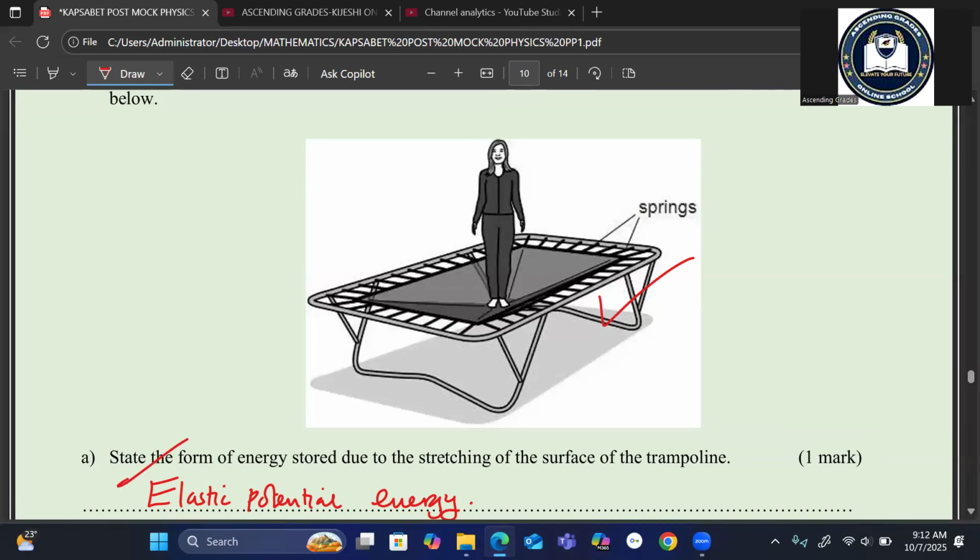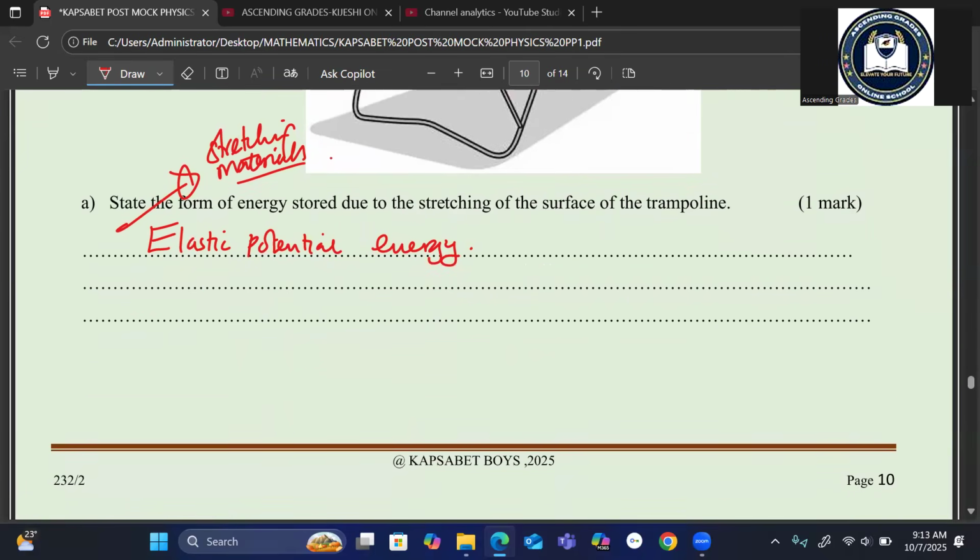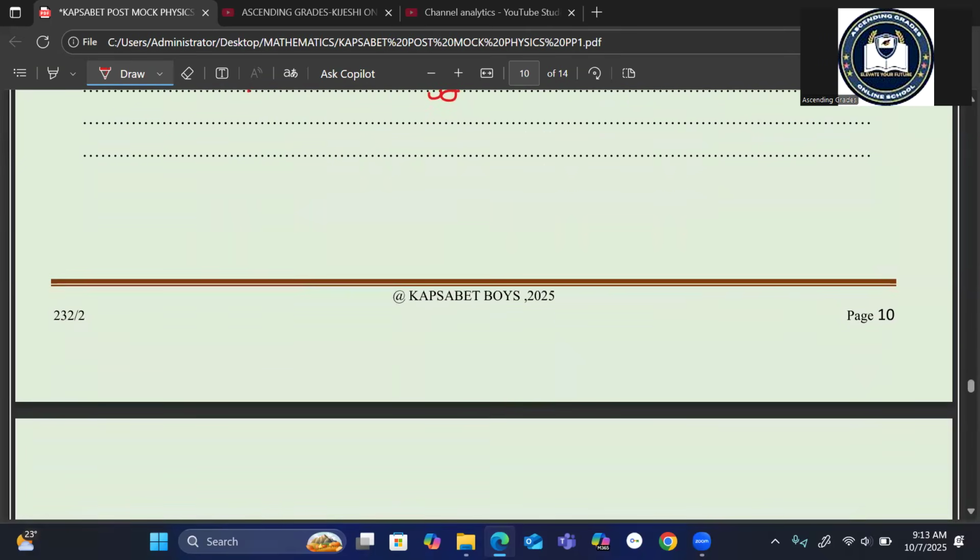So this one is held by stretching materials. We can still have the likes of springs, etc. They contain that energy which is stored in them.